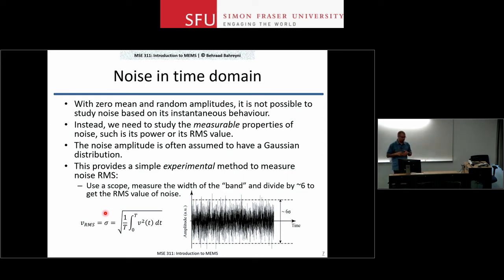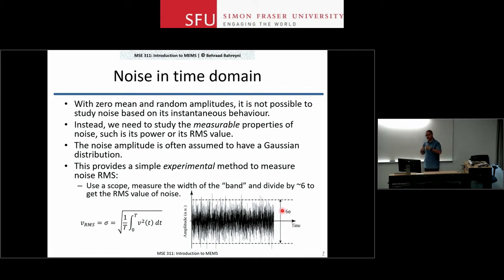Because now you can go and look at that signal on your oscilloscope and measure a band that includes 99% of your signal. So if I draw this band, 99.6% of your signal amplitude falls within that band, whose width is 6 sigma. It's 6 times your standard deviation.